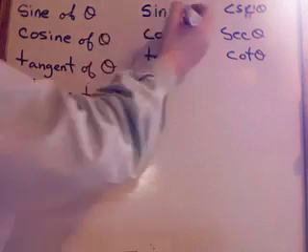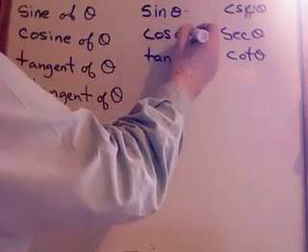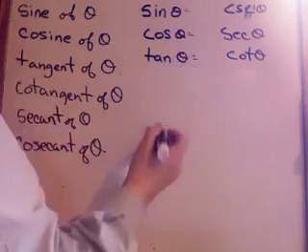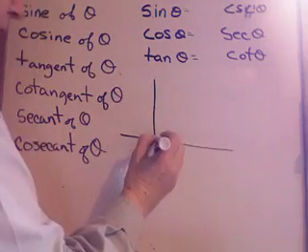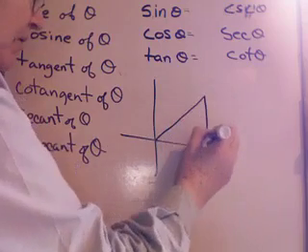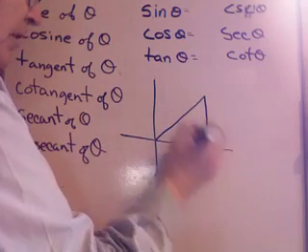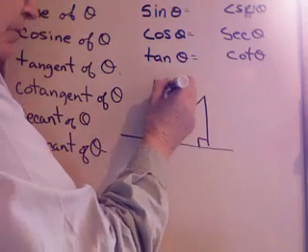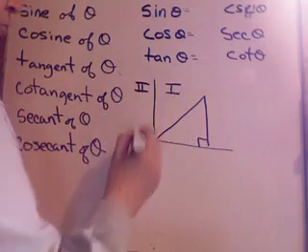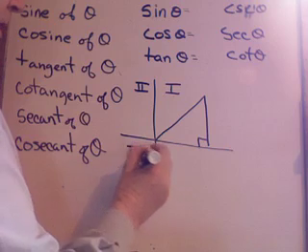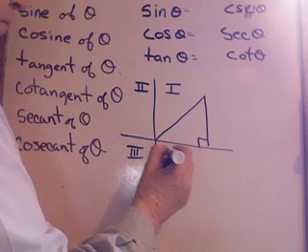Now, in terms of definitions of what they are, they're references to the sides of a triangle. So I'm going to draw a right triangle here in the first quadrant. Now you know the quadrants have names. This is quadrant 1, quadrant 2, quadrant 3, quadrant 4.